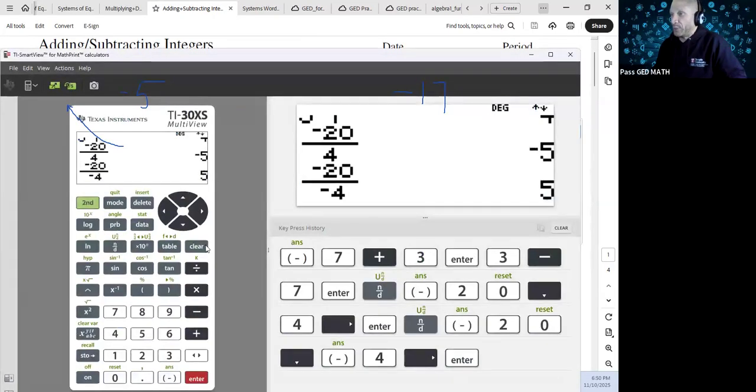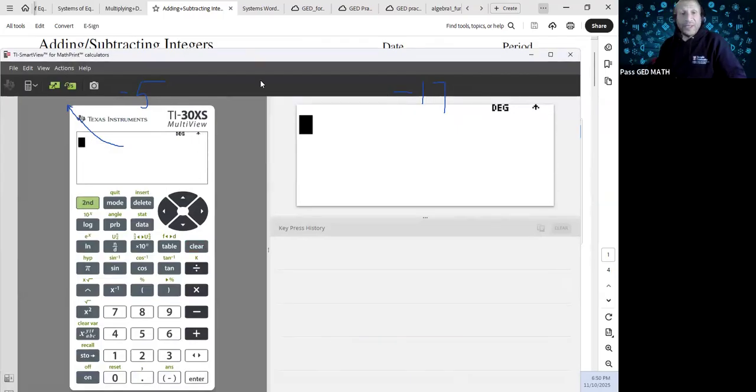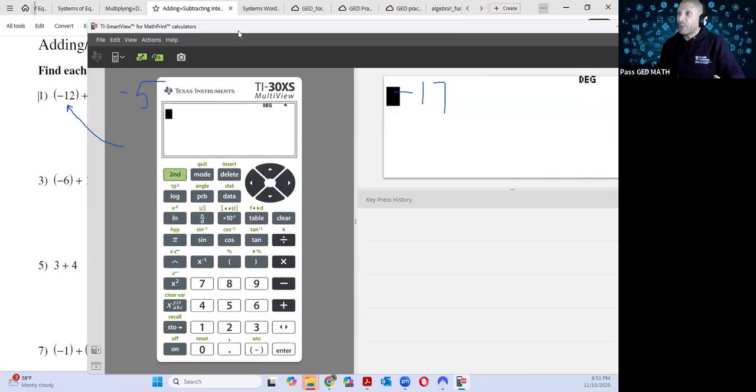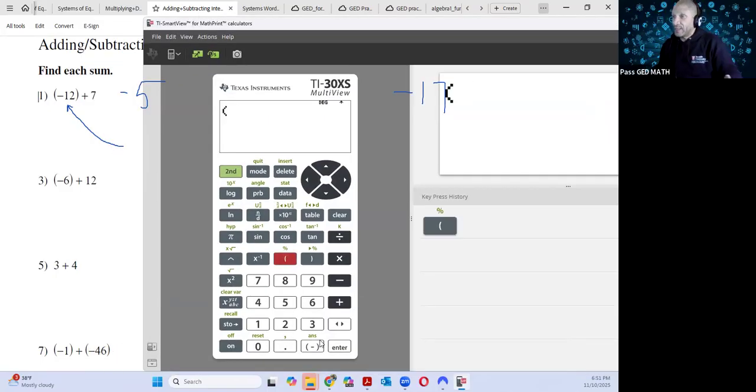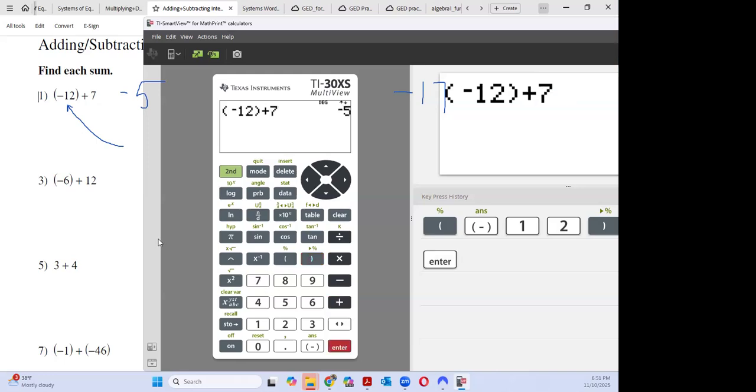I'm going to learn how to put this in my calculator. If a number begins with a negative, or if the negative is in parentheses, I'm going to use the negative next to enter. So I'm going to put parentheses, hit the negative next to enter, 12, close my parentheses, plus 7. Did I get the same answer? Yes, I did.